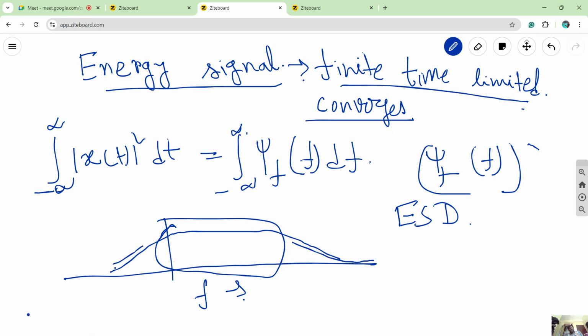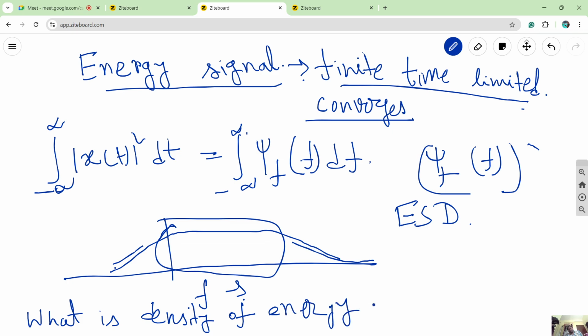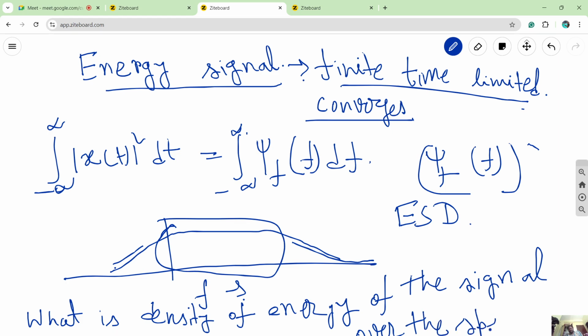So what is the density of energy of the signal over the spectrum?